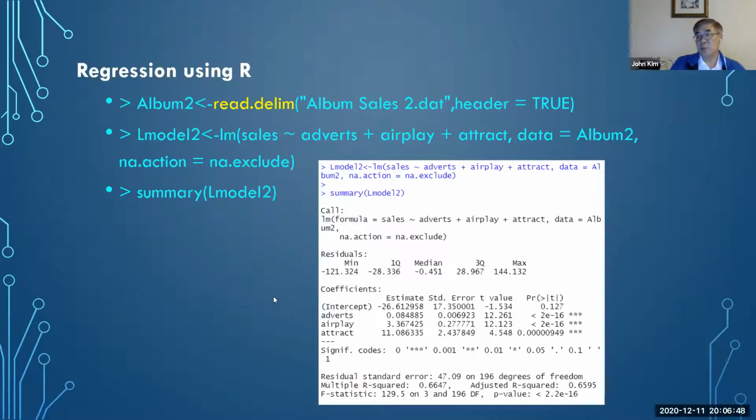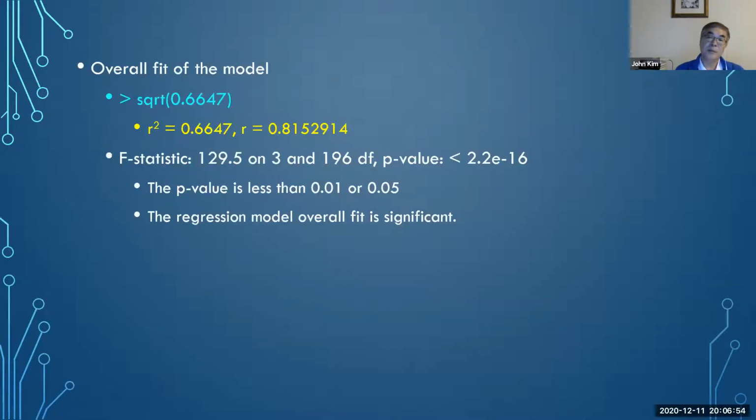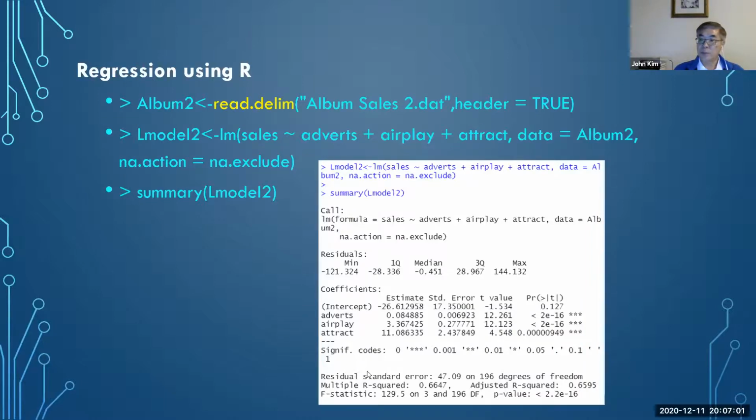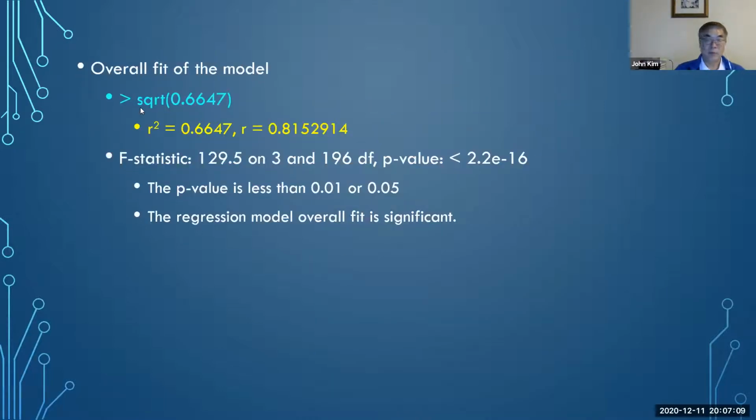And then using this output, we can test the global fit test, the same. R-squared from the output here is 0.6647. Then using the square root function, we can get R, 0.81.